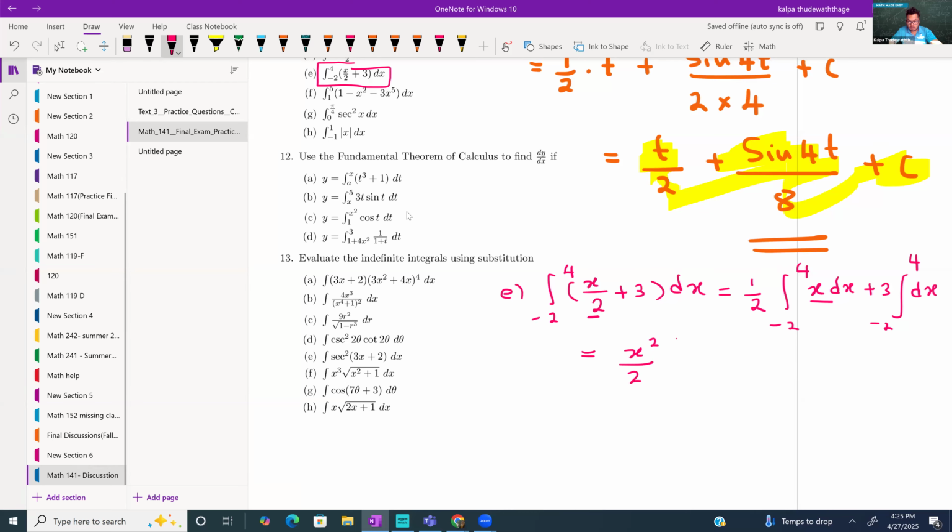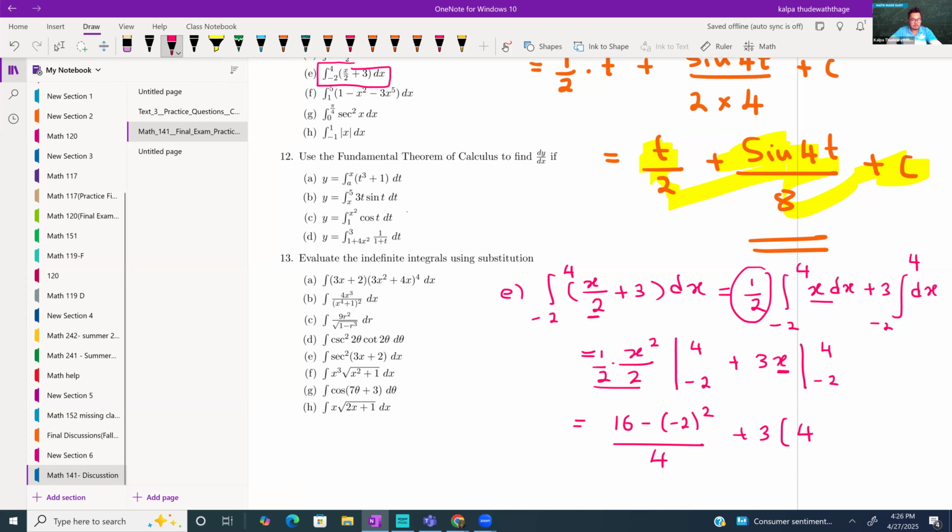So if you plug 4, it's like 16. If you plug -2, it's -2 to the power 2, and you have 2 times 2 over there, it's 4, plus 3 times, plug 4 first to your x, and then -2.